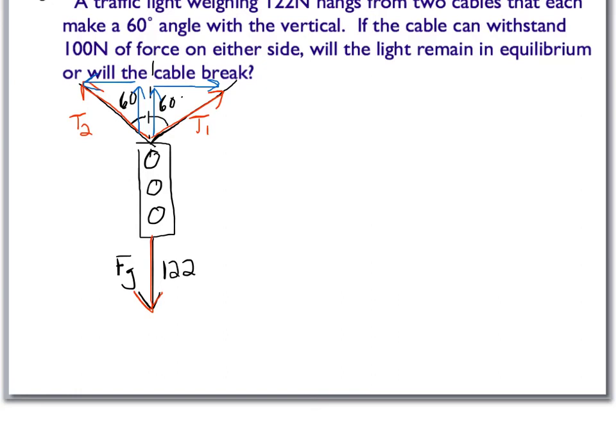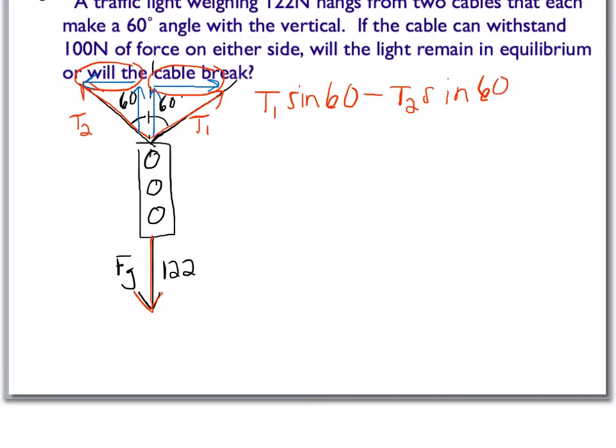When we look at the forces in the x direction, we can see that the 2 components here are the only forces in the x direction. Basically, these are T1 sine of 60 pulling to the right, and T2 sine of 60 pulling to the left.